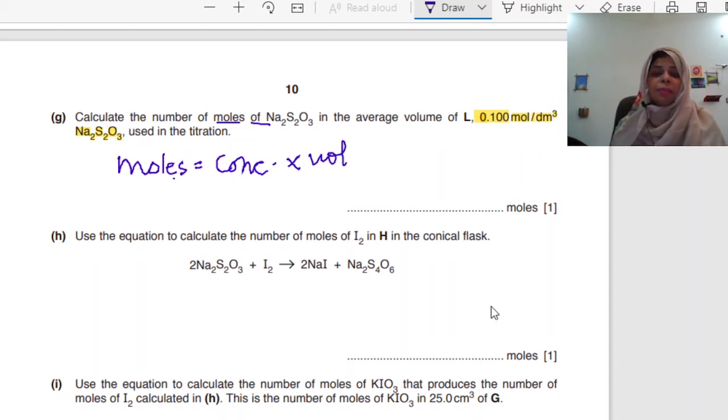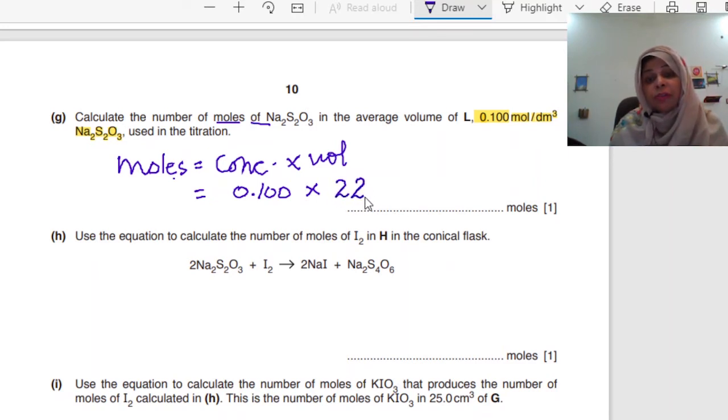But guys, remember, this step is almost the same in all titrations, all the years, where you have to calculate the number of moles of the solution. So the concentration is 0.100 multiplied by the volume which we calculated in the previous part, that is 22.6.